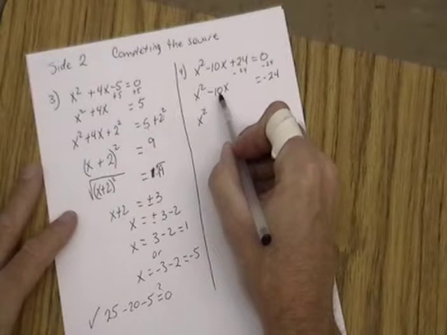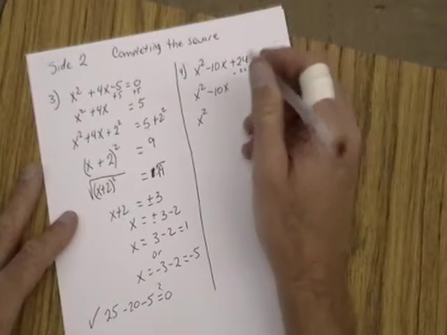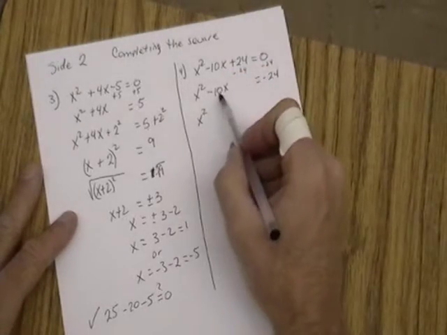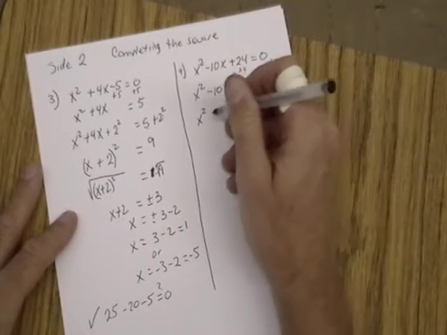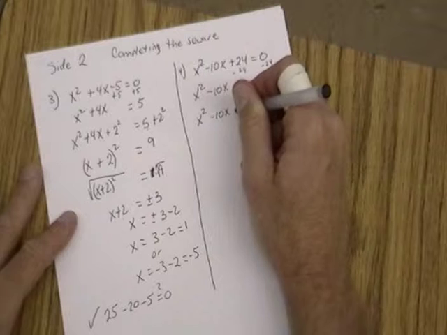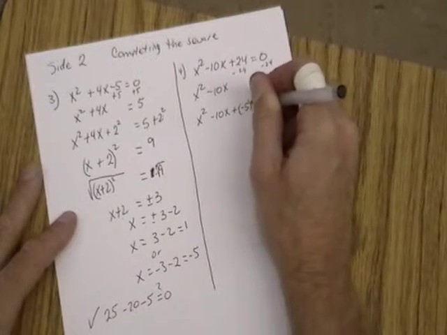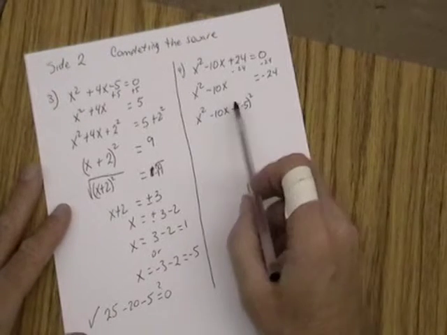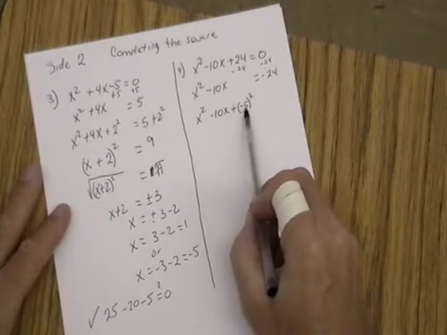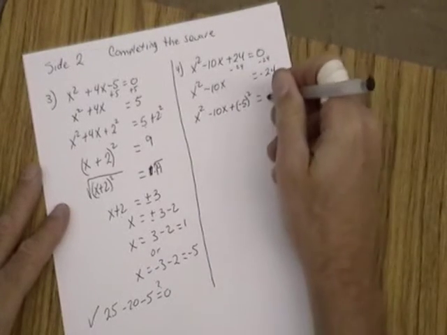We're basically going to cut this negative 10 in half, and it becomes a -5, and then we're going to square it. And so we're adding half of this squared. And what we do to one side, we have to do to the other side.